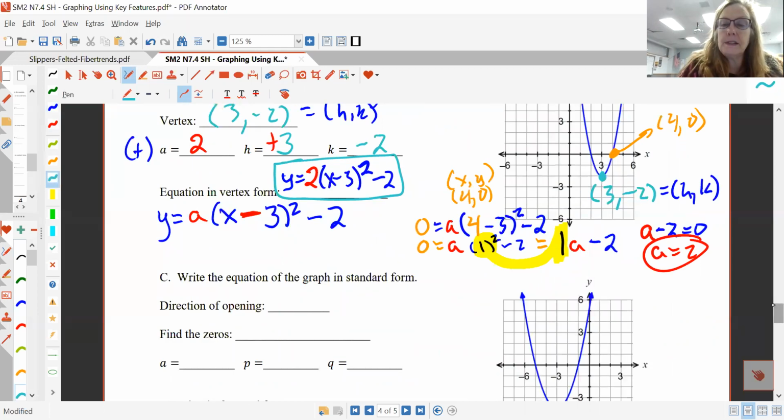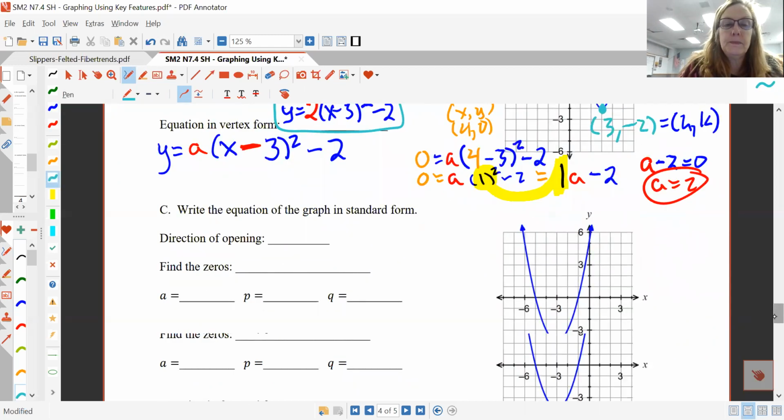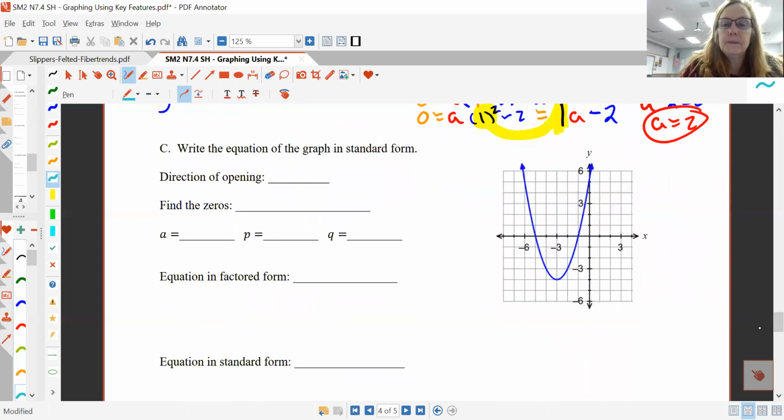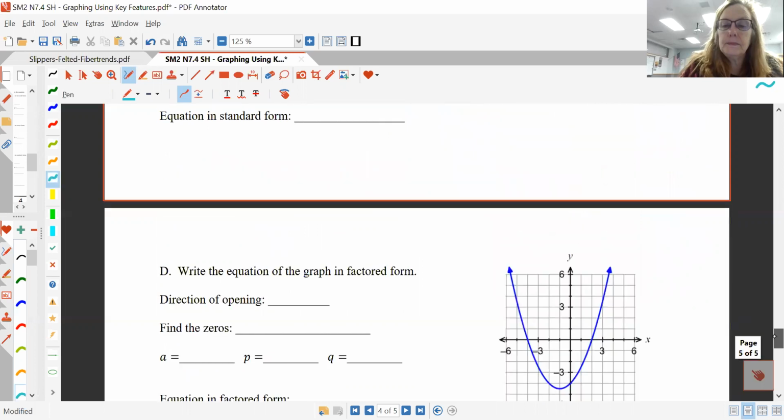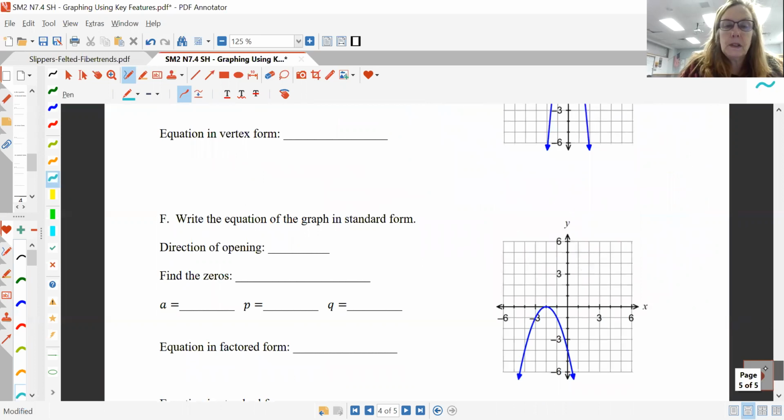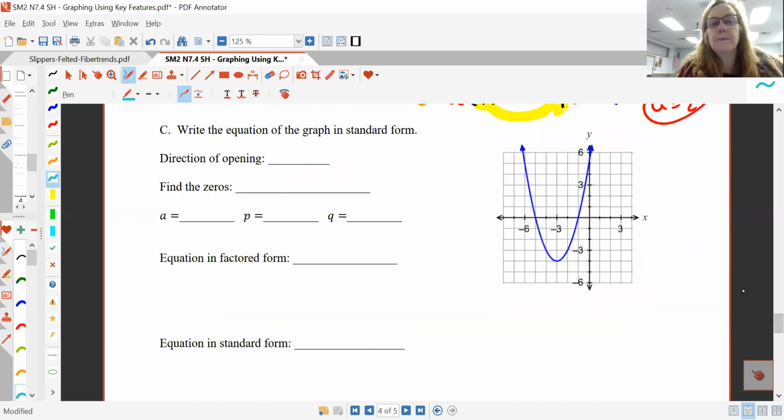So if we're doing standard form, okay, notice that what we're starting with is factored form, and then we find standard form.